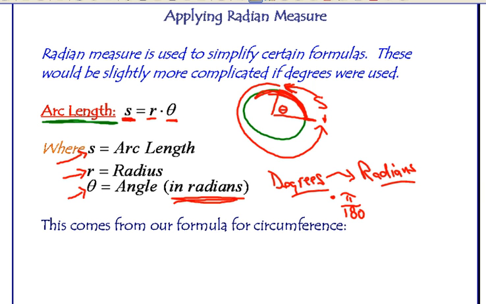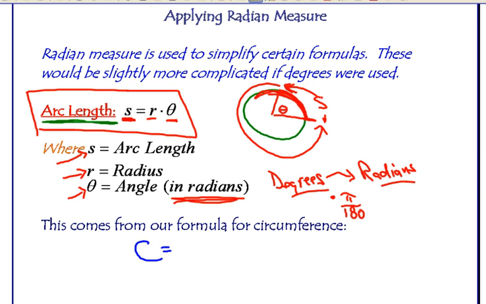So this is a nice formula to use when we're using radians, because it only works when you are measuring your angle in radians. Okay, and again, just one little thing to hopefully help you remember it. Where did this formula come from? It came from a formula for circumference. The circumference of a circle is 2 times pi times the radius.